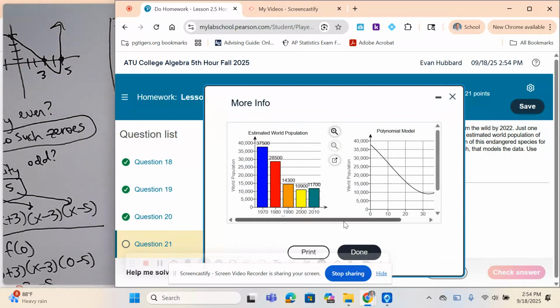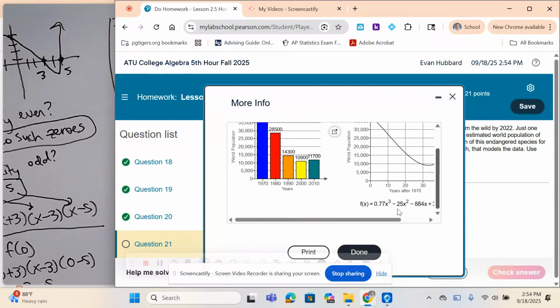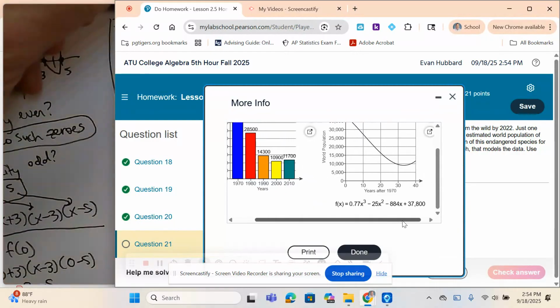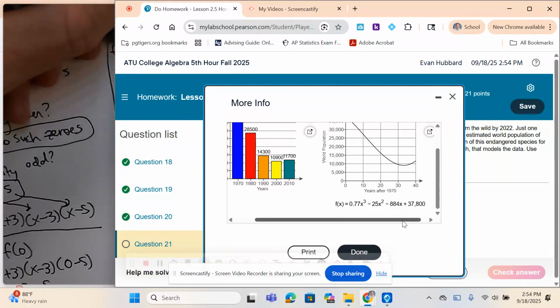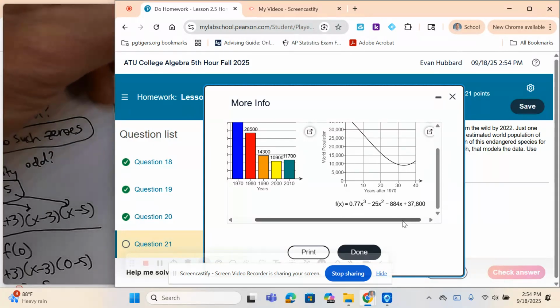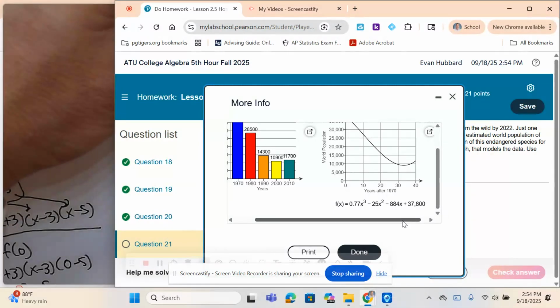So f of 40 is going to be 0.77 times 40 cubed minus 25 times 40 squared, minus 884 times 40 plus 37,800.